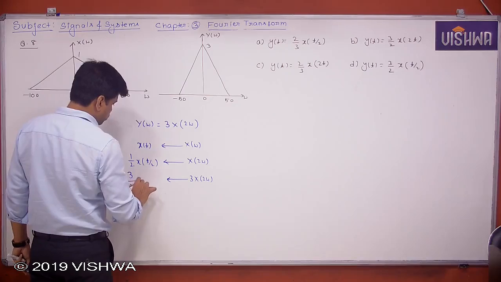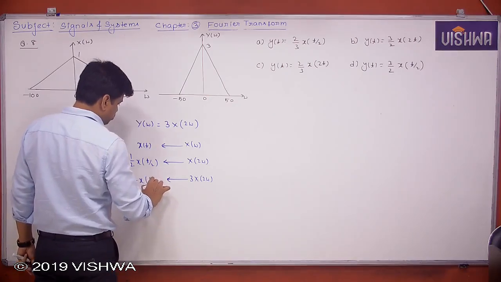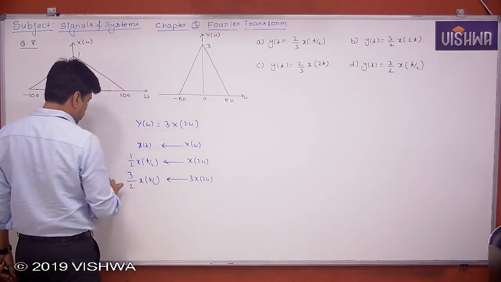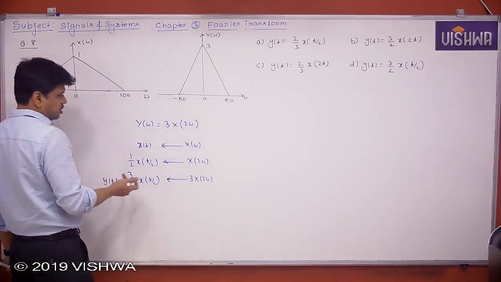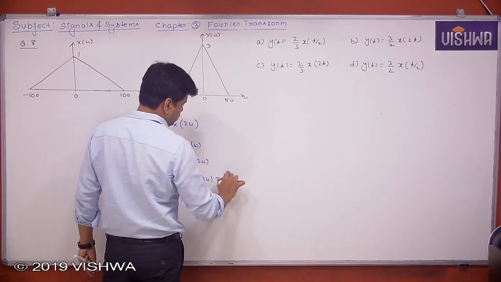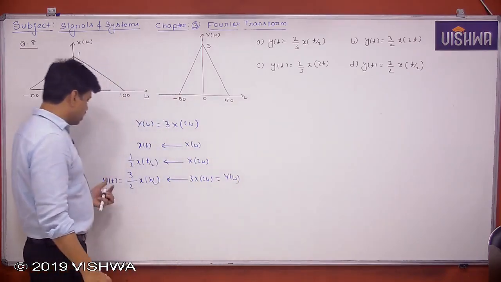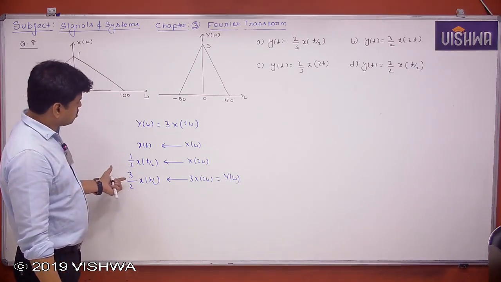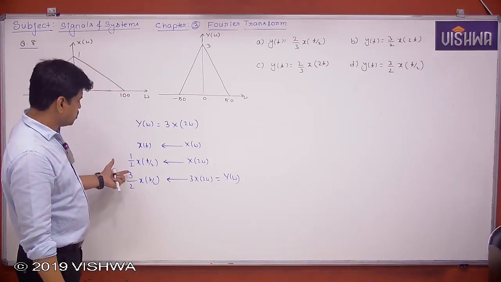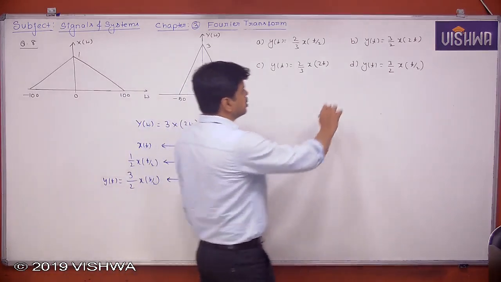This is 3 by 2 x of t by 2. So this is nothing but y of t, because it is nothing but y of omega. So this is the relation between y of t and x of t, which is x of t by 2 with 3 by 2. So option D is correct.